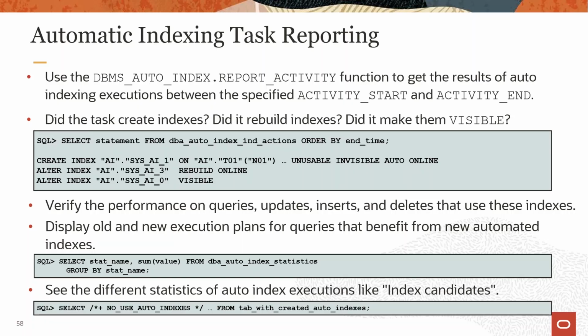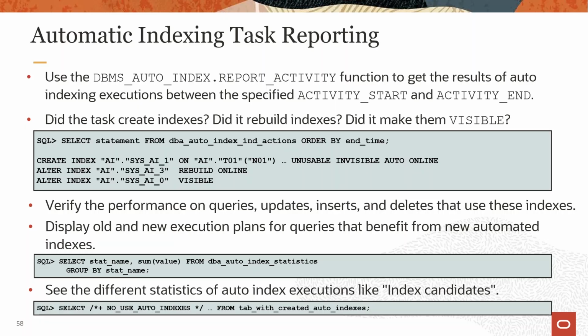In that report, you can then see if the task created indexes, did it rebuild indexes, did it make them visible. You can then look up via DBA_AUTO_INDEX_ACTIONS those recommendations that you have called via that REPORT_ACTIVITY function.